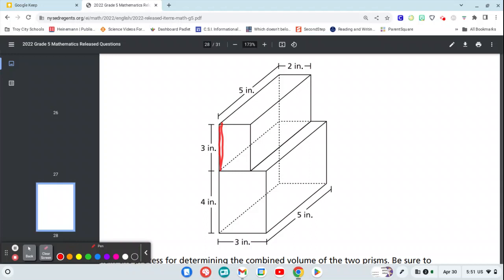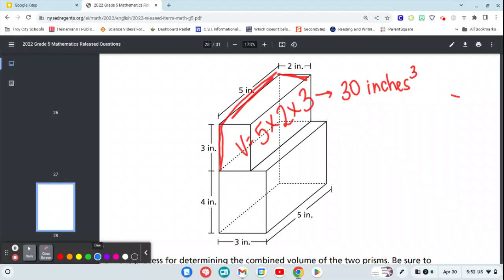This first figure is 3 inches in height, 5 inches in length, and 2 inches in width. So when I find the volume of this first figure, let's multiply the length, the width, and the height, which is 30 cubic inches, or inches cubed. Again, cubic inches because we're multiplying with 3 dimensions.